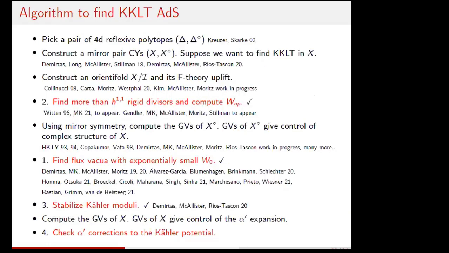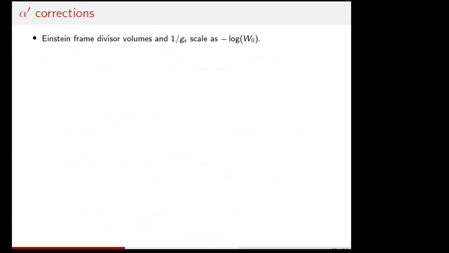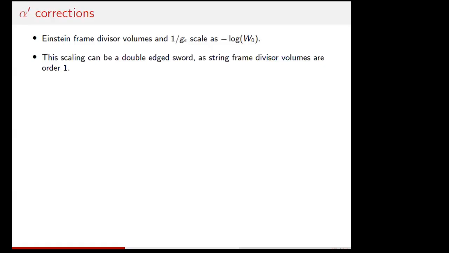Okay, now we have stabilized some moduli, all the moduli. Let's talk about alpha prime corrections. So Einstein frame divisor volumes and the one reduced string scale as log of W naught. Although it is kind of good because you have ensured that you can use supergravity, because Einstein frame divisor volumes are big and the string scale is low, this could be a double-edged sword.